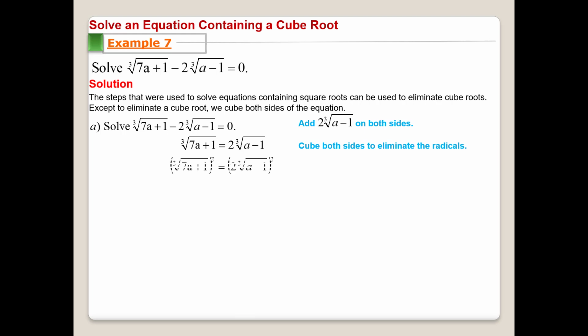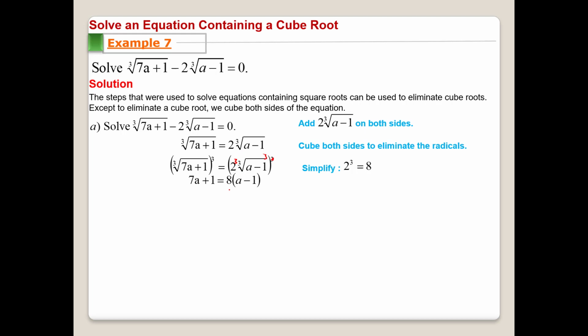Remember, this cube goes with the 2 and the cube root. So 2 cubed is 8, and we should get on the left-hand side 7a plus 1 equals 8 times a minus 1.